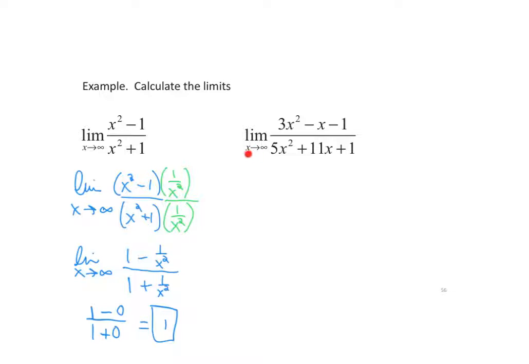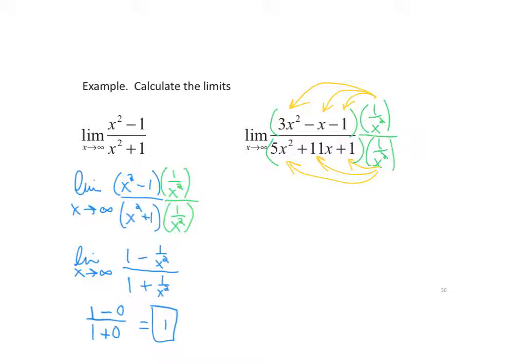We have limit as x approaches infinity of another rational function, and the highest power of x we see again is x squared. So we're going to multiply top and bottom by 1 over x squared. And it's really important to make sure you multiply every term in the numerator by 1 over x squared and every term in the denominator by 1 over x squared.